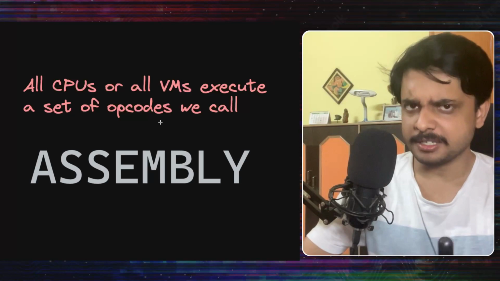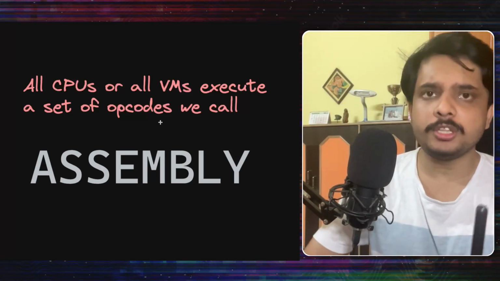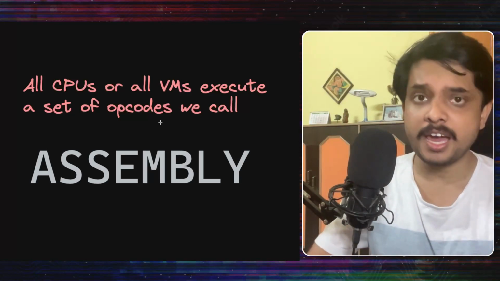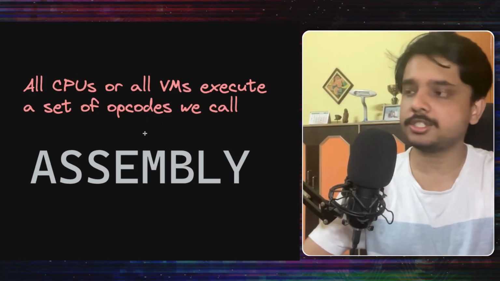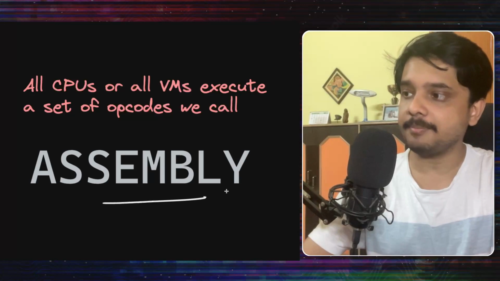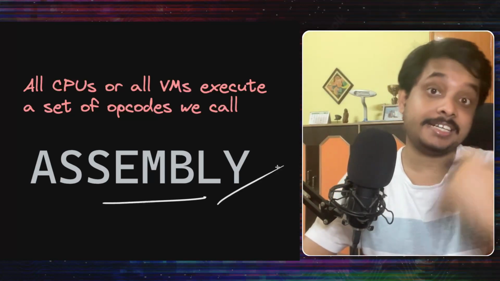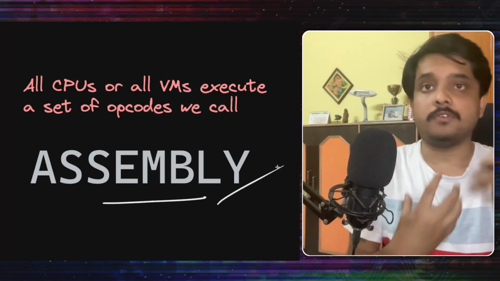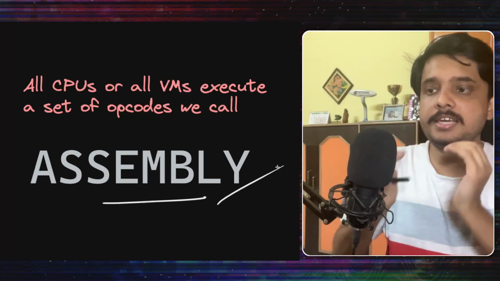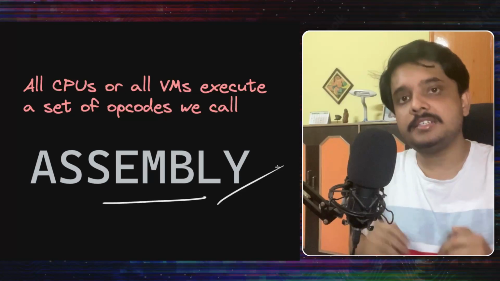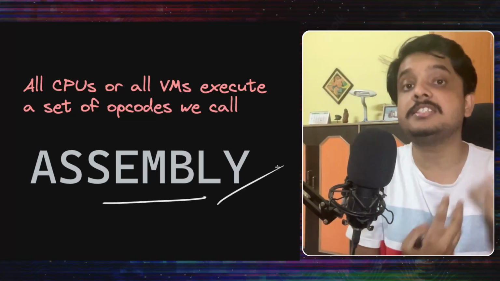Let's start from the very basics. See, every CPU in the world, whether it's an x86 CPU or an ARM CPU, executes a set of opcodes or a set of instructions we call assembly, right? So for x86, you have x86 assembly. For ARM, you have the ARM assembly, right? So these instructions make the CPUs do certain things that we want.